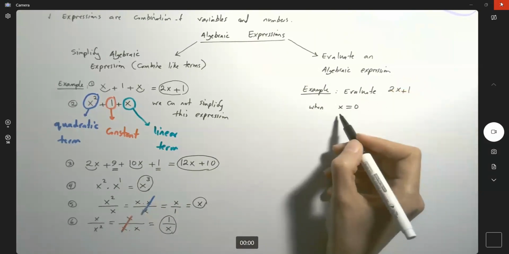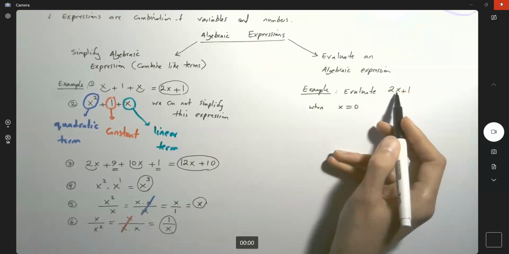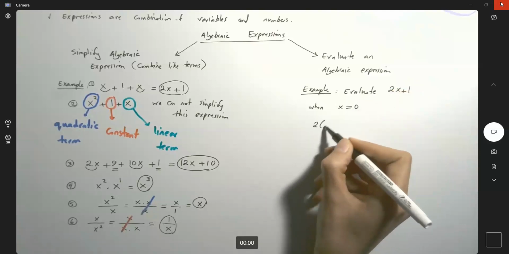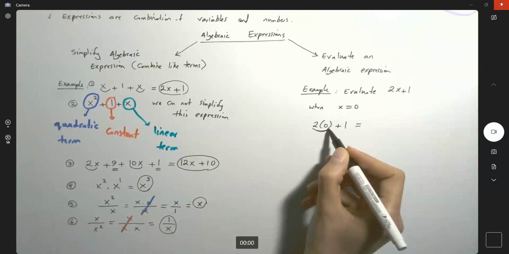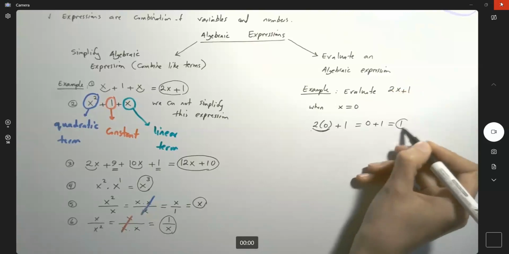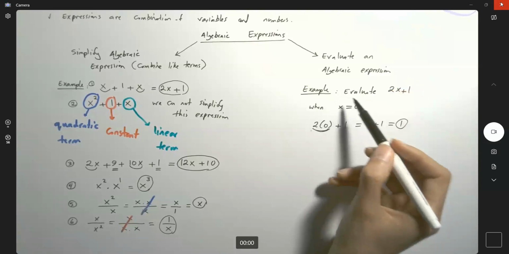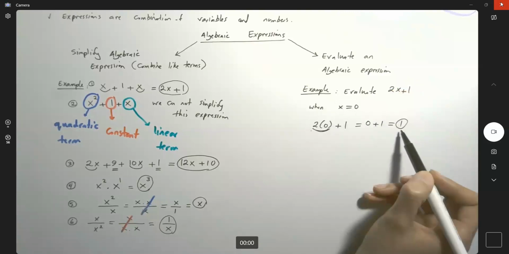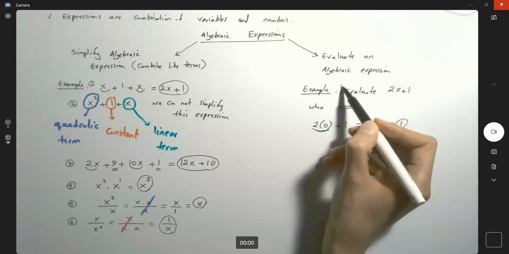It means that wherever you see x, you're going to substitute it by 0. You get 2 times 0 plus 1. Multiplication comes first. 2 times 0 is 0. 0 plus 1 is 1. Evaluating an expression, if you have a numerical value, results in a numerical value.